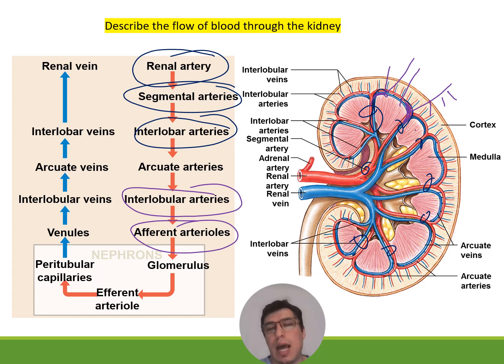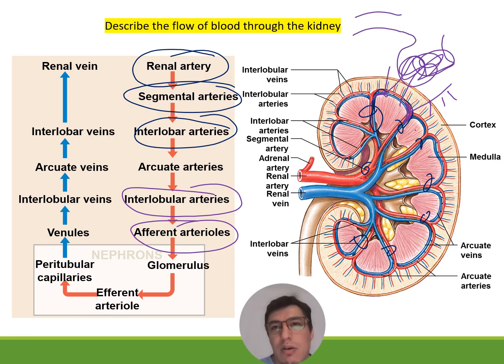Now, although it is a capillary that we're filtrating, it is not an actual capillary bed where we have actual venules just yet in that nephron loop. So we have our arteriole filtrating the blood out, and when it leaves, it leaves as an arteriole. It doesn't leave as a venule.